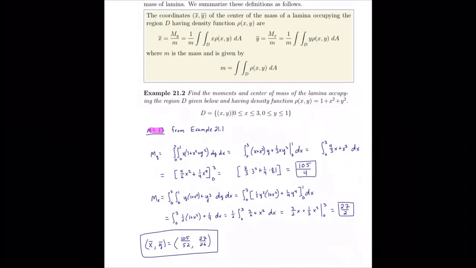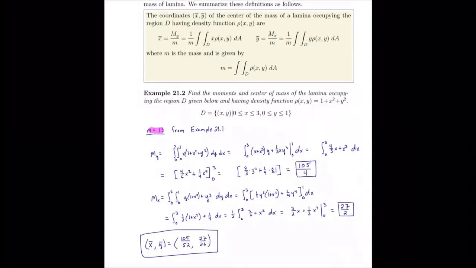Now we set up the moment about the y-axis. Remember, that's the double integral of x times rho of x,y. Order of integration is not necessarily important here. We have a rectangle, so that's pretty easy. It looks like we're going 0 to 1 in the y component, so we're going to integrate with respect to y first, apply those limits of integration.